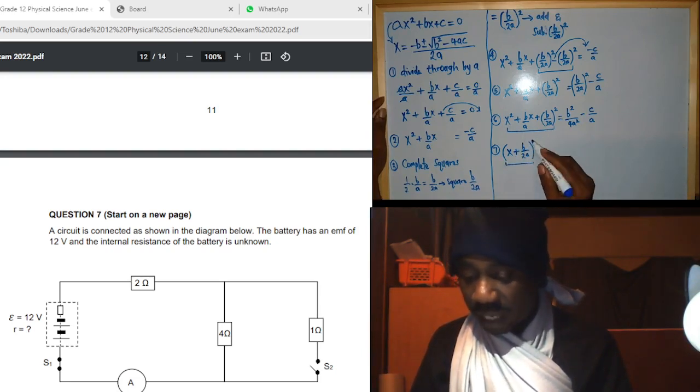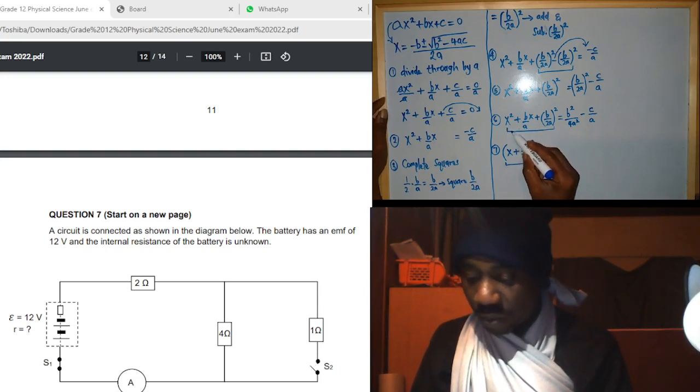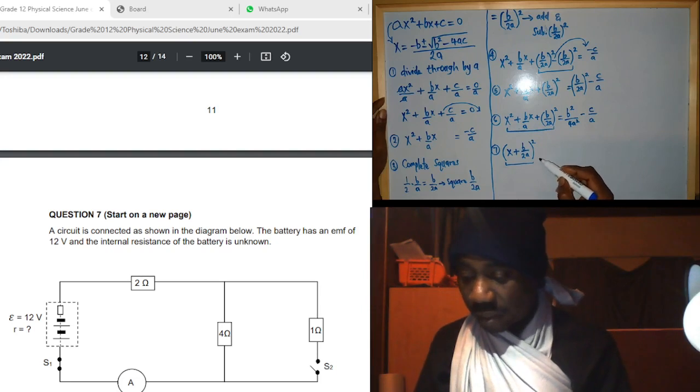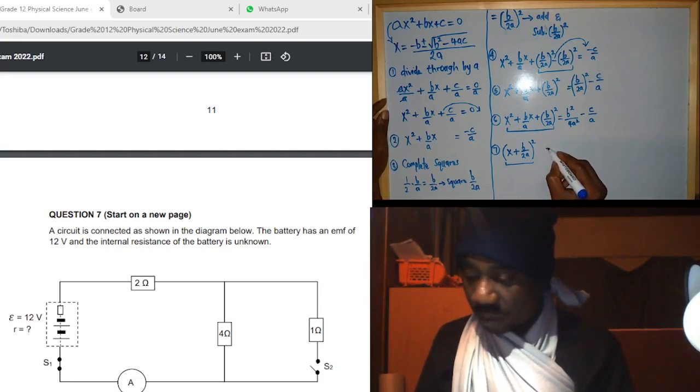So essentially, this expression is equal to this expression, right? And that would be equal to b squared over 4a squared minus c over a.